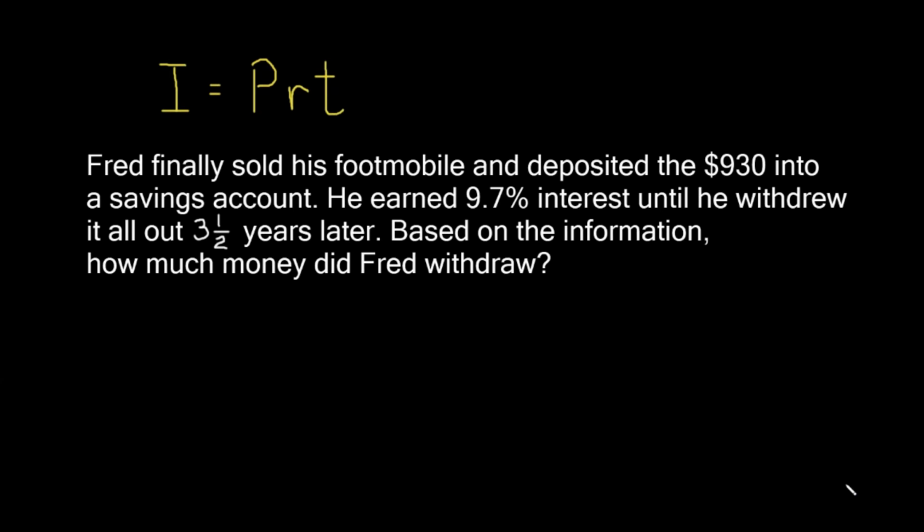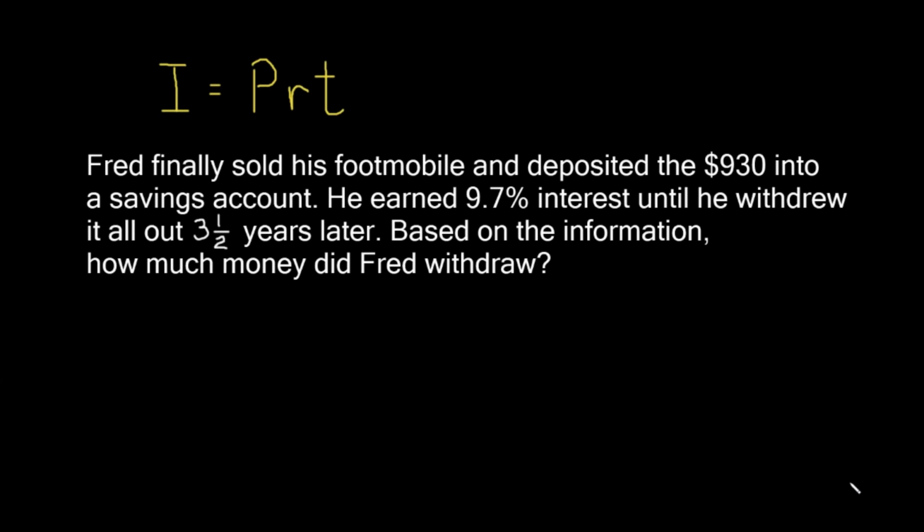Fred finally sold his footmobile and deposited the $930 into a savings account. He earned 9.7% interest until he withdrew it all out 3.5 years later. Based on the information, how much money did Fred withdraw?